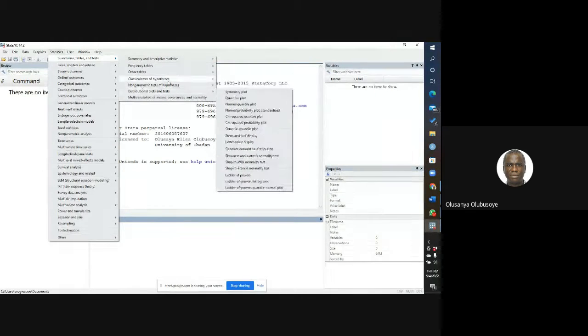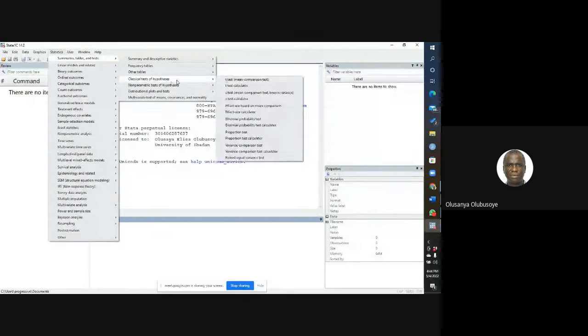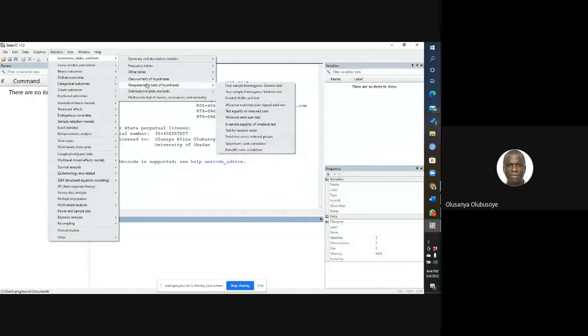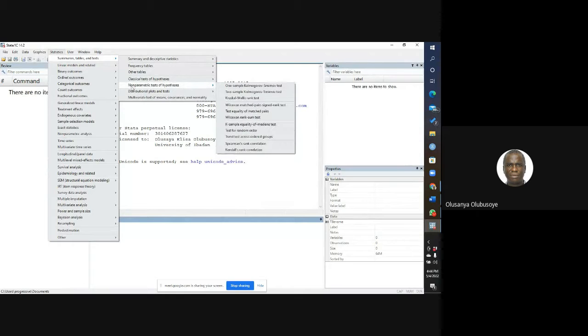Those are for non-parametric. That is not our area of concern. The classical tests are the parametric, the T, and so on, and the non-parametric are the ones you have there.